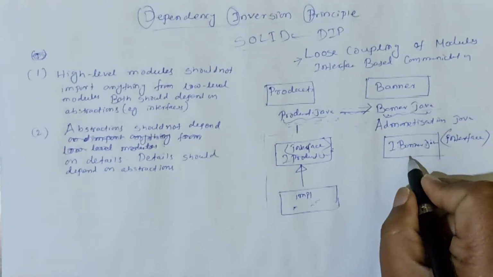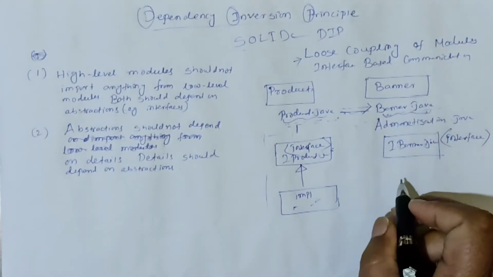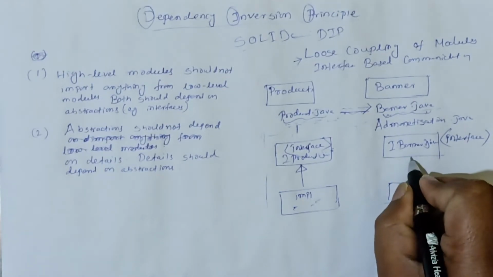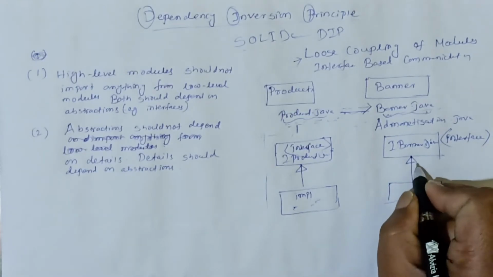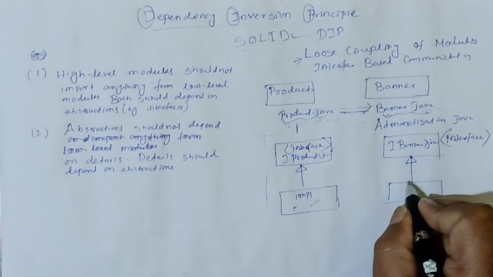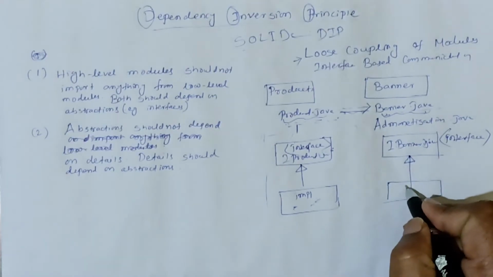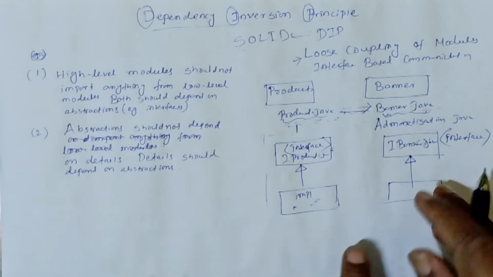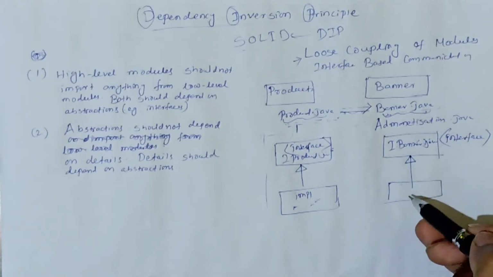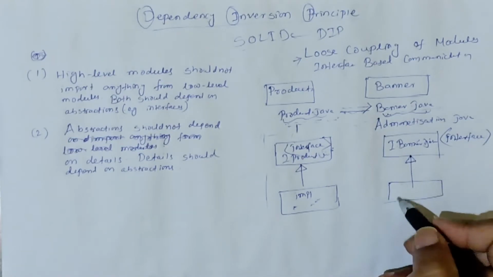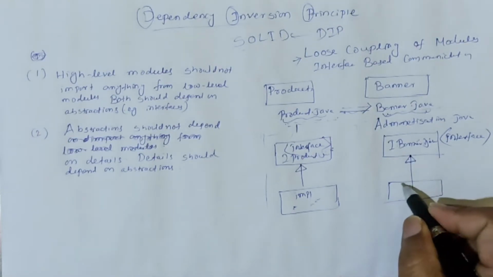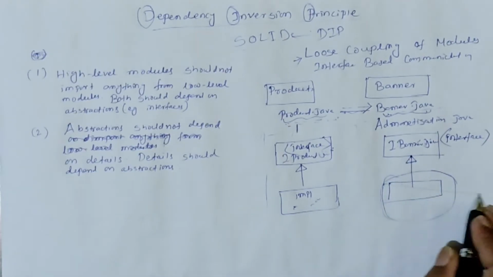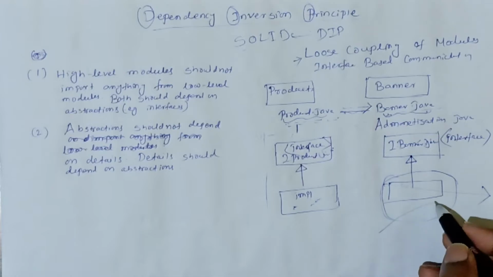And our Banner.java, the lower level module, implements the IBanner interface. So in future, let's say we want to replace this banner with another implementation. In that case, only the change will happen here, no other place. We can just move this out and give another implementation.